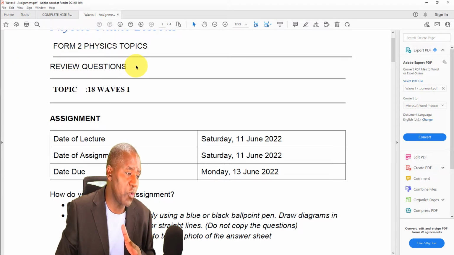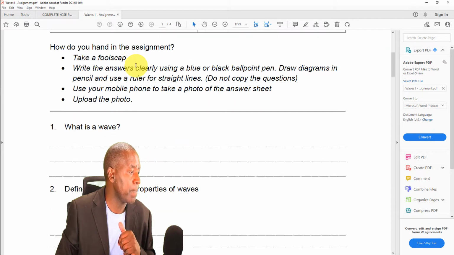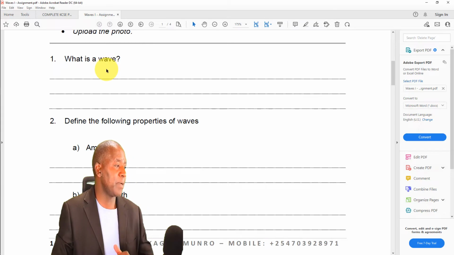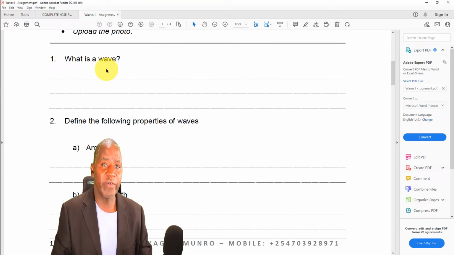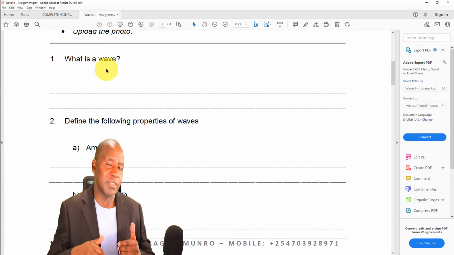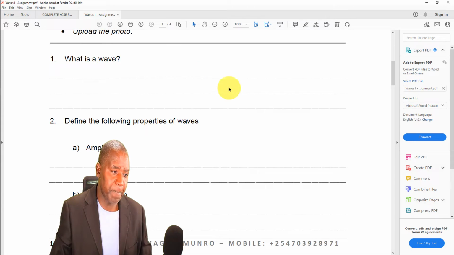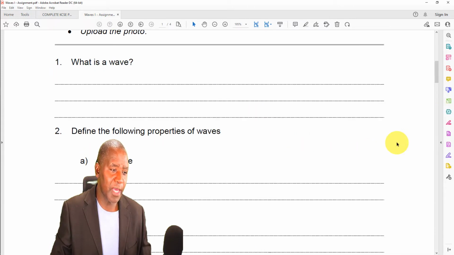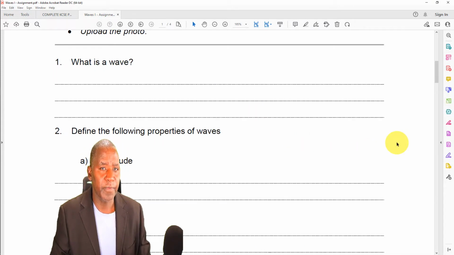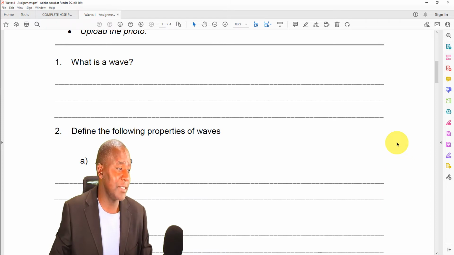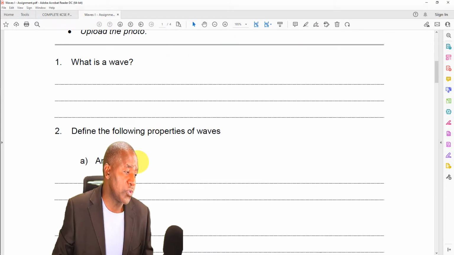It's about review questions that are based on this particular lecture. You will go straight to the first part here. What is a wave? And then you can give me your answer. Maybe right now, just pause the video and try to answer that question. What is a wave? Now, after you have answered that, you go to the next one.